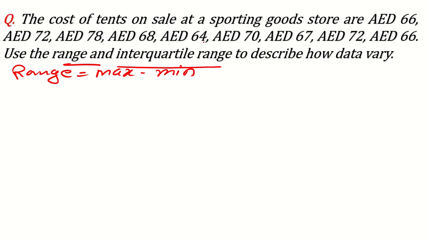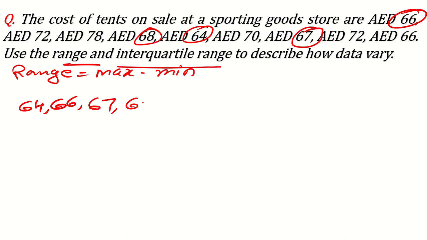So what can I see here? The smallest number is 64. Please check the calculation. Just focus on the procedure, the method, that I am doing here. So 64, and after that it comes to 66, then 67, then 68, and after 68, do we have 66?